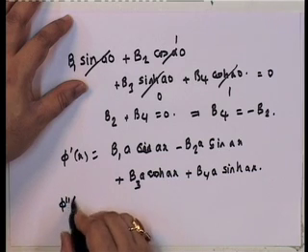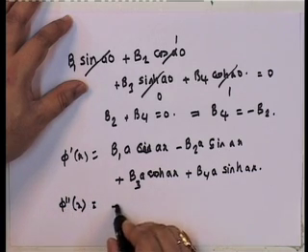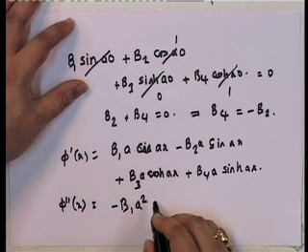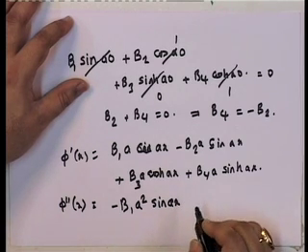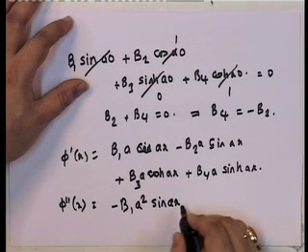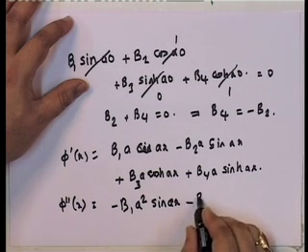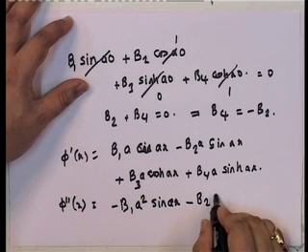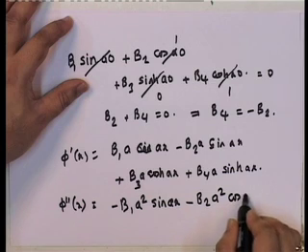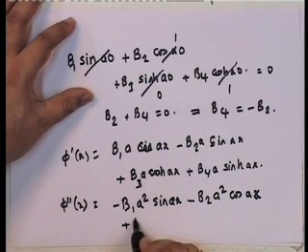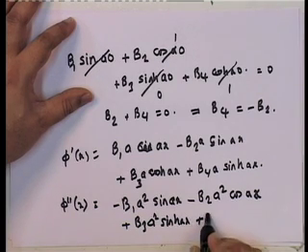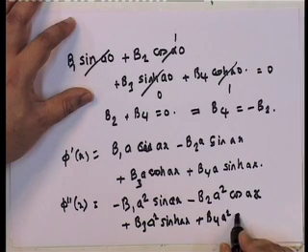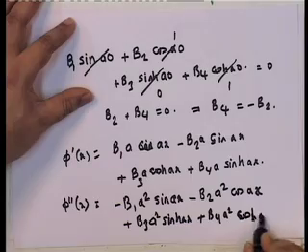And then phi double prime of x is equal to minus B1 A squared sine Ax, and minus B2 A squared cosine Ax, and this one becomes B3 A squared sine hyperbolic Ax plus B4 A squared cosine hyperbolic Ax. Again, phi double prime is equal to 0.